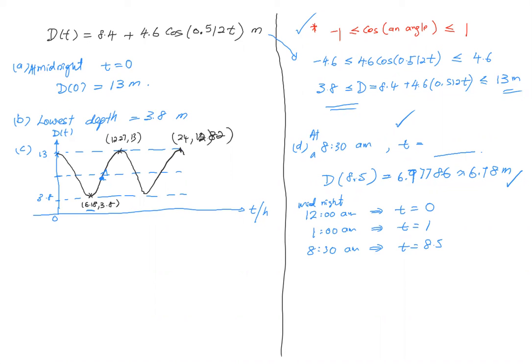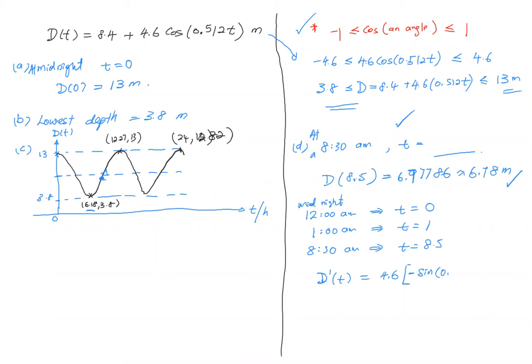Yeah, you are right. So you see, they say explain using calculus. That means if you say based on the graph, no. You have to explain using calculus, means you have to get your d prime t. So your d prime t is 4.6. You differentiate cos, you get negative sin.